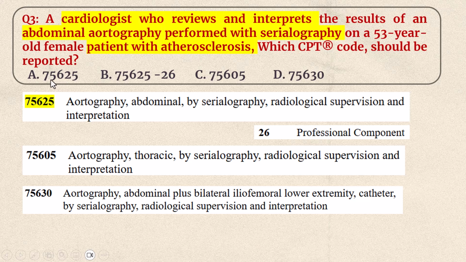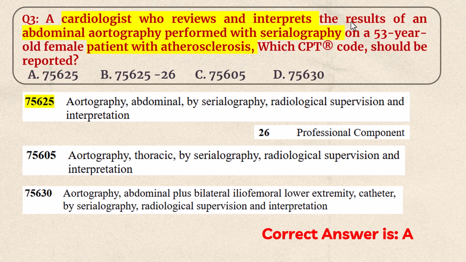So you have to be very careful with answer A or answer B. Actually the professional component is involved, but it is already included in the code. So the correct code will be A. If you see the other answers, 75605 is aortography thoracic, but here it is abdominal aortography. 75630 is aortography abdominal plus bilateral iliofemoral, but here it is only the abdominal part. So the correct answer will be A.